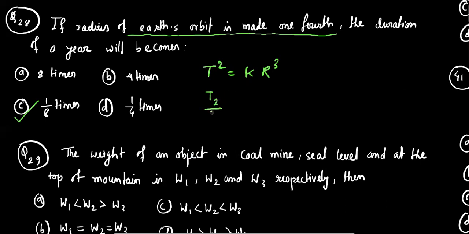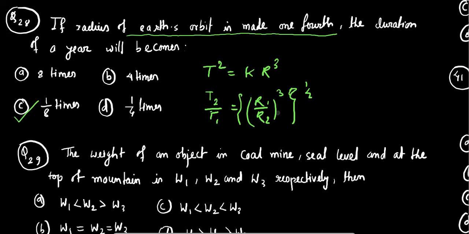So t2 by t1 will be r1 by r2 whole power 3 by 2, and then just replace r1 by r2 with 1 by 4 and solve it, and finally you will get the answer 1 by 8 times. Okay, so this is all about the question number 28.